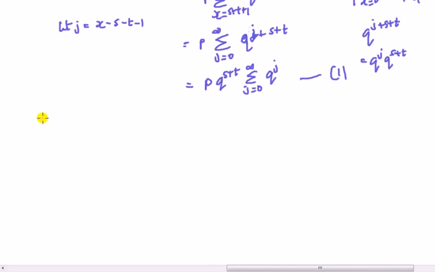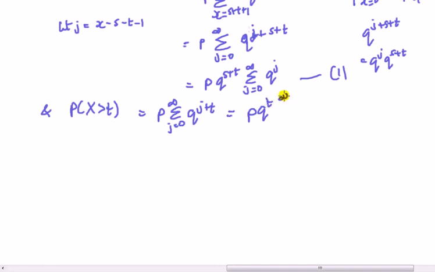Let's then look at the bottom part of the expression of this left hand side. We don't actually have to do anything because it's of the same shape. So this probability x is bigger than t is going to be equal to the probability sum j equal to 0 of q to the j plus t, which is equal to, I could have just done that, p q to the t sum of j equal to 0 of q to the j.